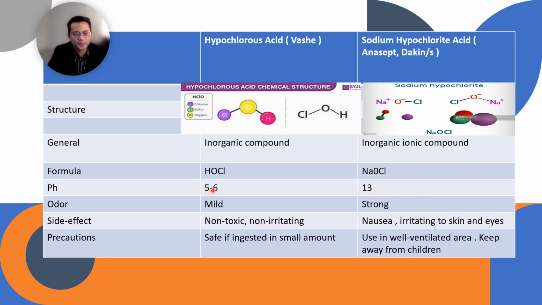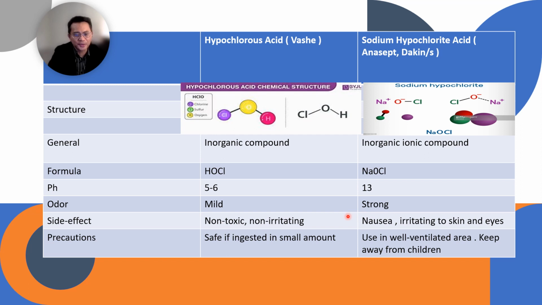I'm going to place a lot of emphasis on the importance of pH in wound healing as we go on with the discussion. Anyway, if you're a clinician or if you are a patient, which one do you prefer? A product that has a milder odor or a product that has a strong odor?